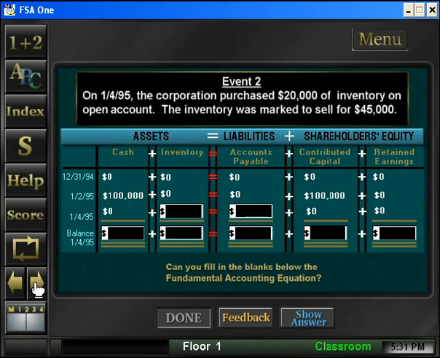Analyze Event 2 and complete the fundamental accounting equation for 1995.